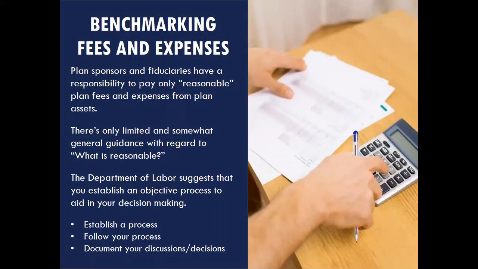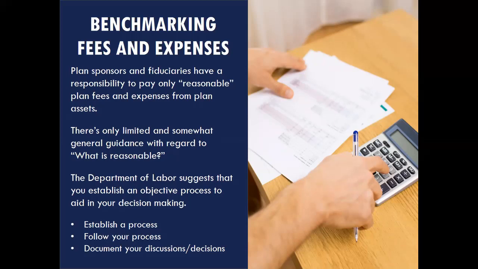Finally, we're going to talk about benchmarking. So benchmarking of fees and expenses really is a matter of periodically, probably at least every 3 years, comparing your plan to what's available in the marketplace to see if the fees that you're paying and the services that you're receiving in exchange are appropriate and are reasonable.